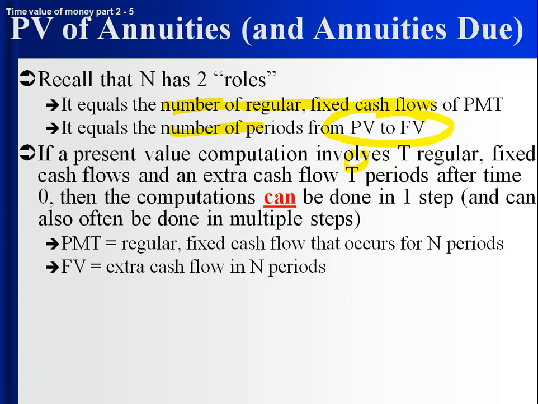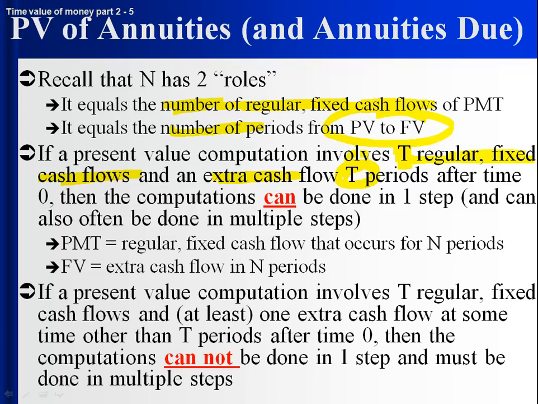If you're trying to get present value, where you have a certain number of regular fixed cash flows, and you also have an extra cash flow in T periods after time zero, so the number of regular payments is equal to the number of periods at which the extra cash flow takes place.